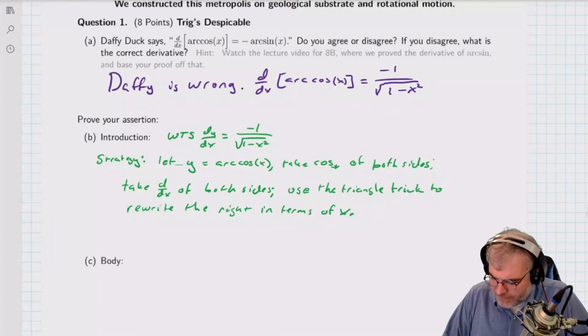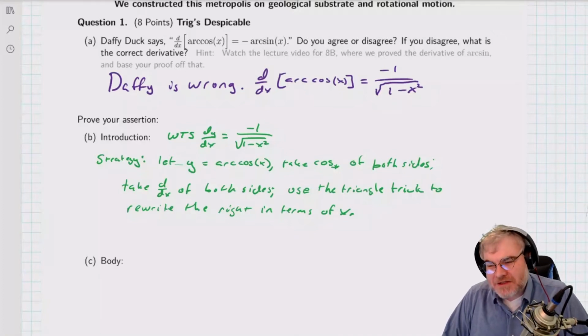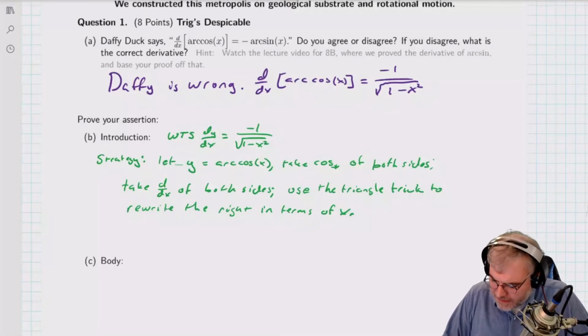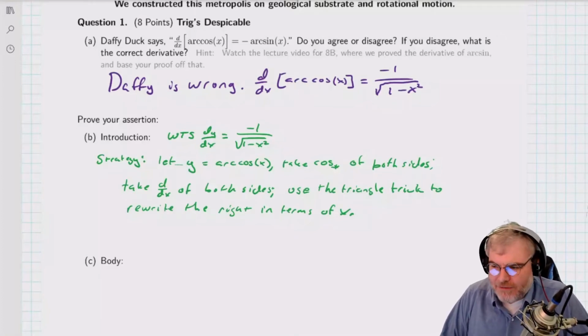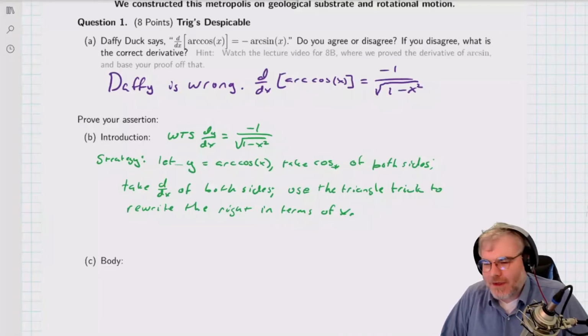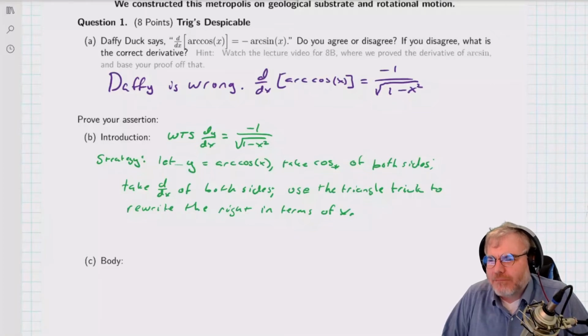So yeah, Daffy's wrong. Here's a hint. Daffy's almost always wrong. Bugs Bunny is usually right, but Daffy's usually wrong. That's not always true, but Daffy used to make an appearance on all the tests, and then people got annoyed by it. And by people, I mean other instructors. The students thought it was funny. Daffy got dropped.